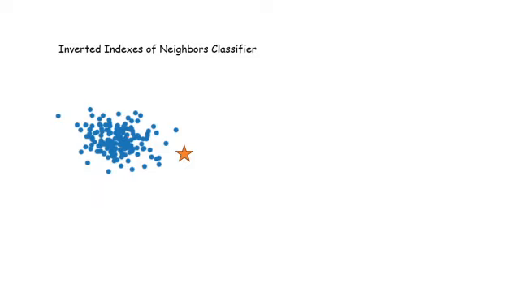Now you won't be needing to do that in your interviews and things like that. But it's better to know what researchers are actually doing to find out this particular value of k. So what happens here is, this is your test point and this is the training data cluster.